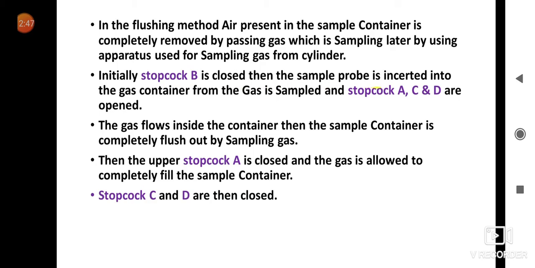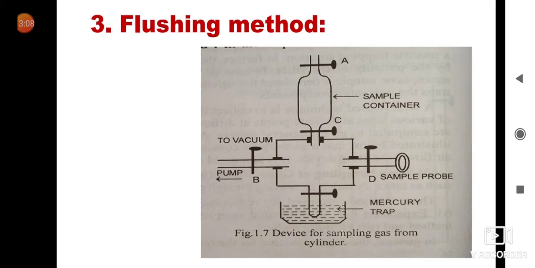Then the sample probe is inserted into the gas container from which the gas is sampled, and stopcocks A, C, D are open. When B is closed, stopcocks A, C, D are open. Compressed gas goes inside, and this gas goes into the sample container.